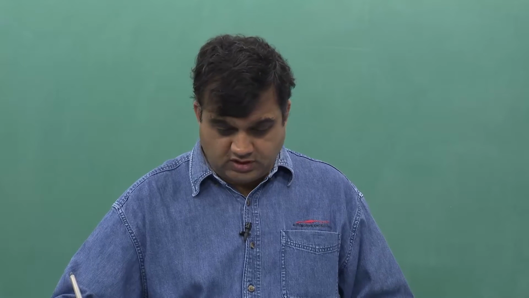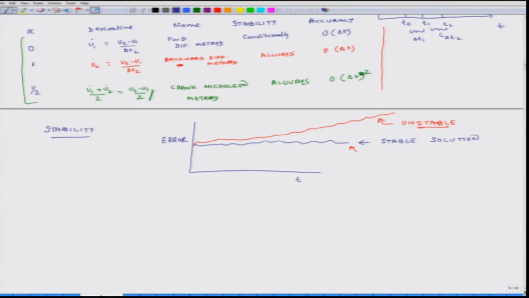So, what is the condition for stability for the forward difference method?